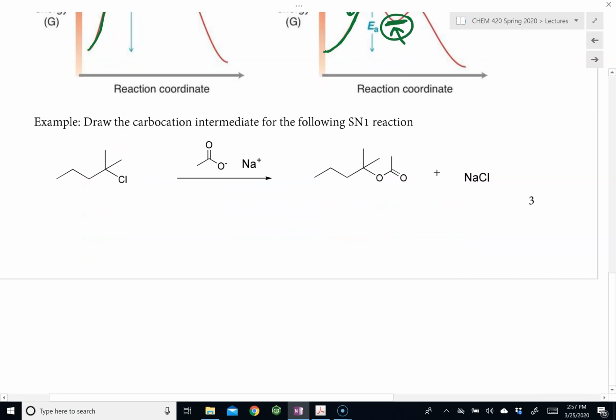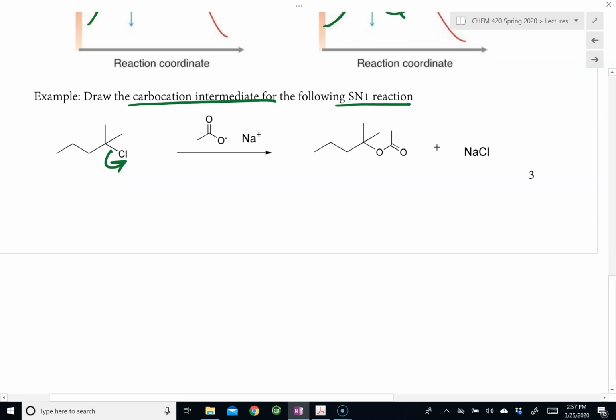And now, let's try an example: draw the carbocation intermediate for the following SN1 reaction. So we're given an SN1 reaction and asked to draw the carbocation intermediate. In this case, the leaving group has to leave first. That is the step that is needed in the SN1 reaction mechanism.